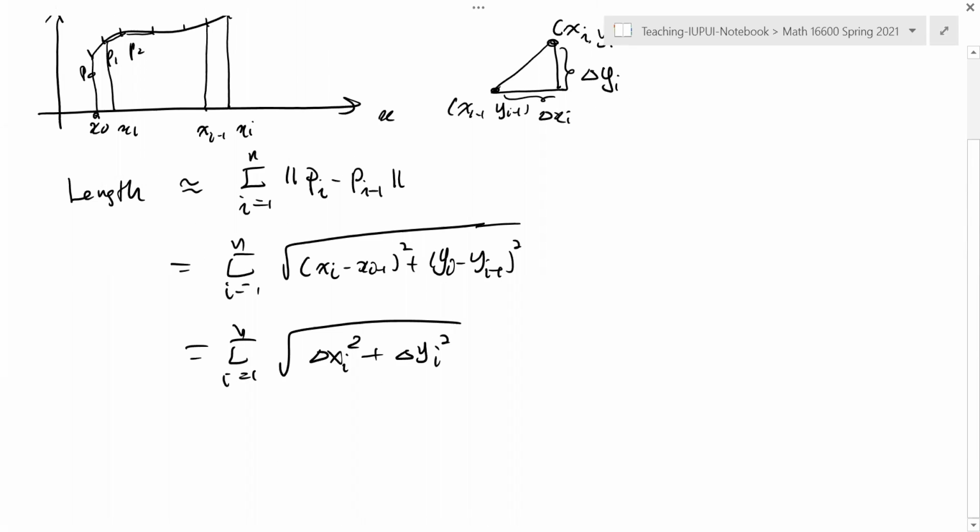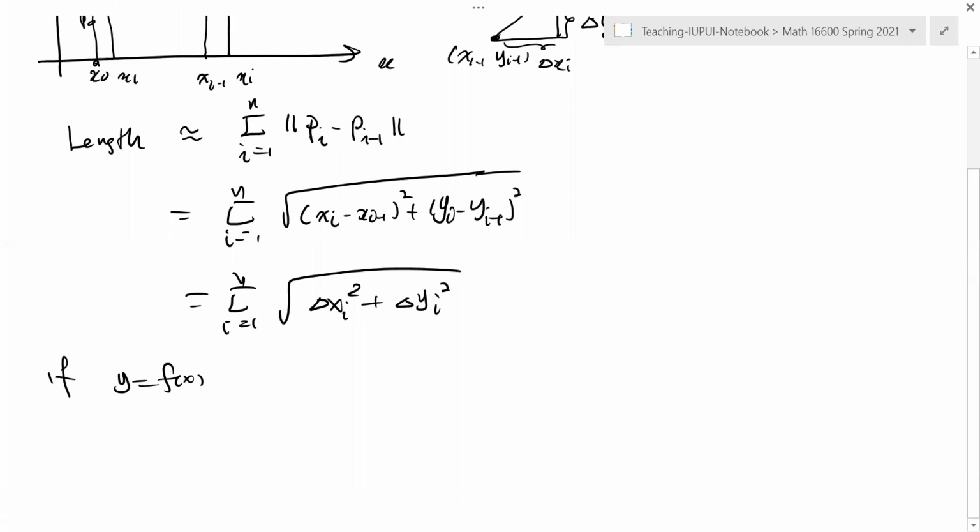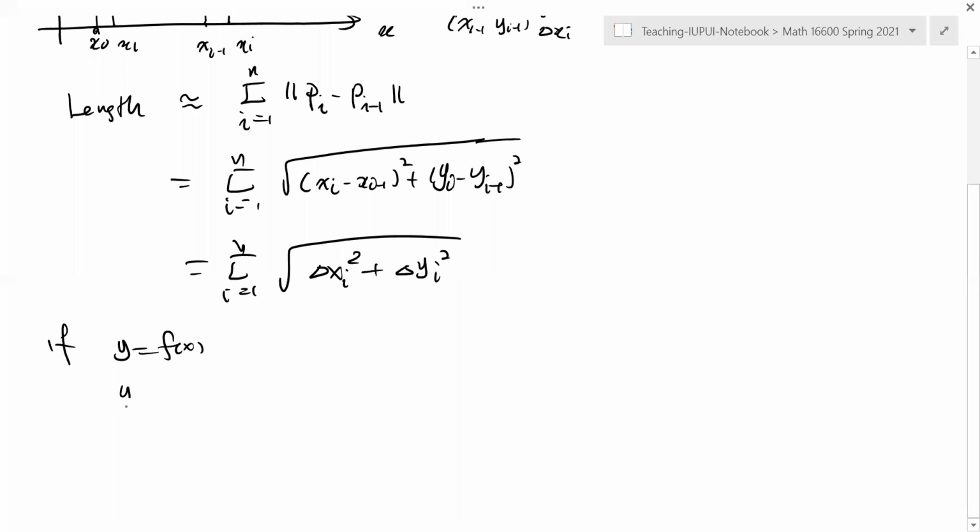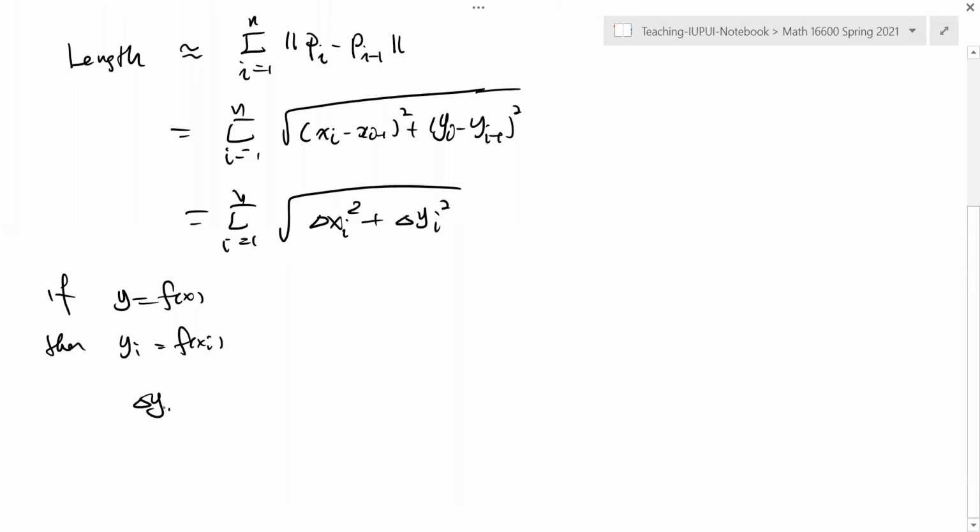If this is the graph of y equals f of x, so y depends on x, then in this case yi is going to be f of xi, okay? So delta yi divided by delta xi is going to be the slope, right? Take a look at this.